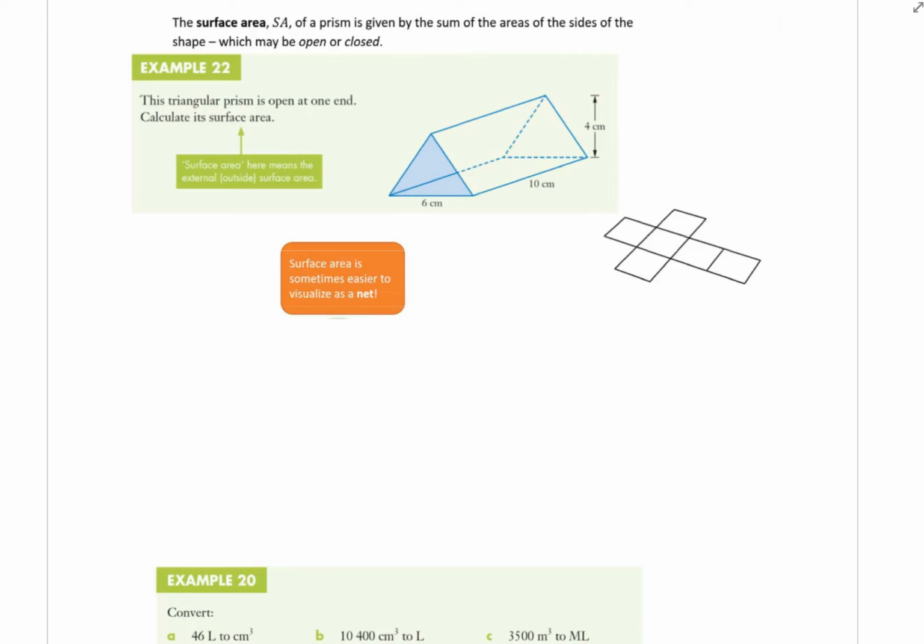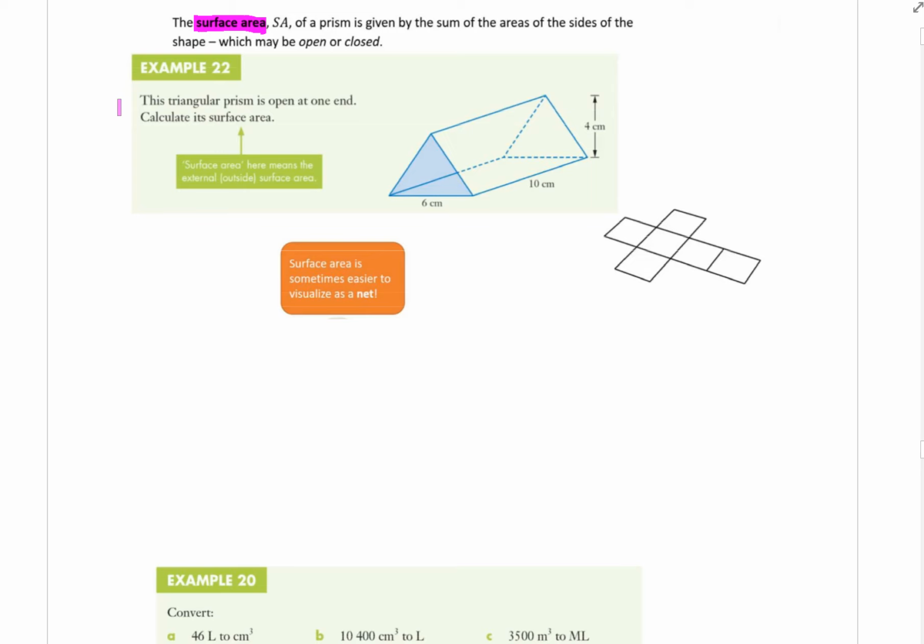In this video, we're going to look at the concept of surface area. Now, I'm sure most of you have come across this term before, and its name tells us exactly what we'll be doing. We'll be getting the area of all the surfaces.